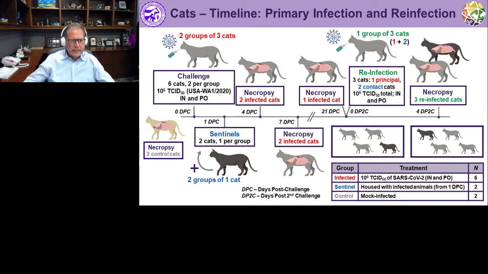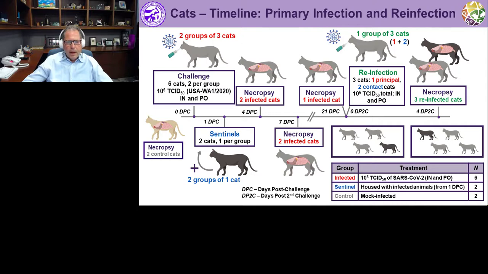We had 6 cats which we challenged per os and intranasally simultaneously with 10 to the 6 TCID50 of the US strain WA1/2020. They were separated in 2 cages in 2 groups with 3 cats each. After 1 day, we added 1 sentinel per cage, 2 sentinels in total.